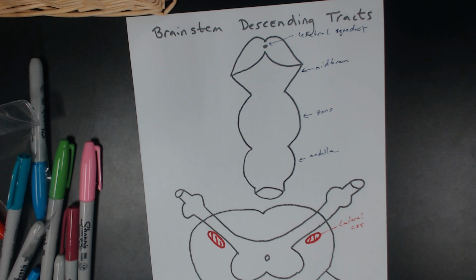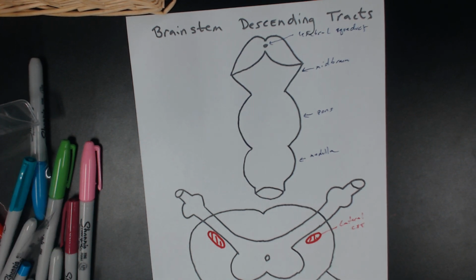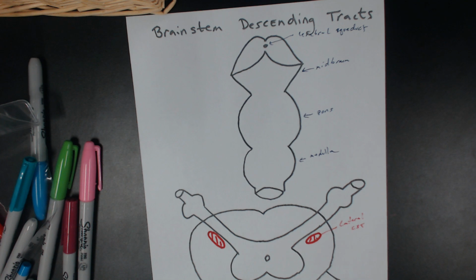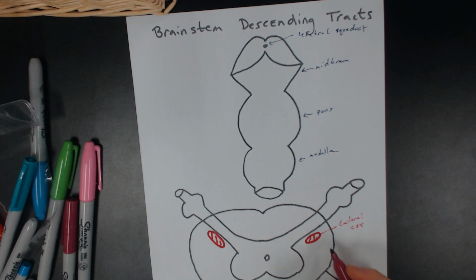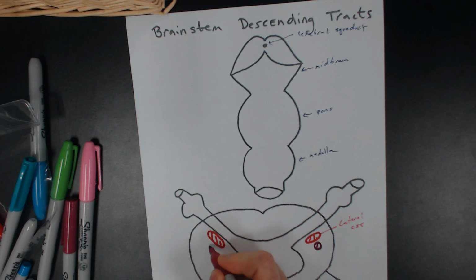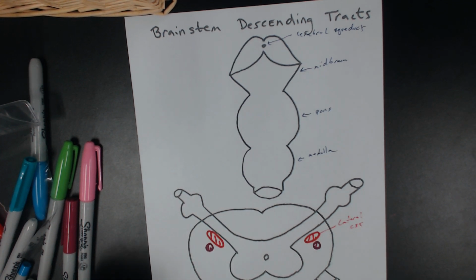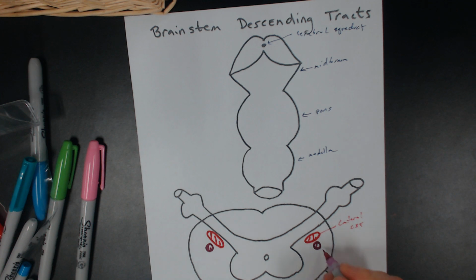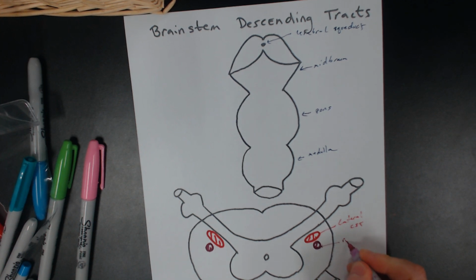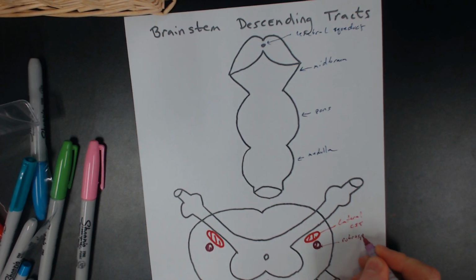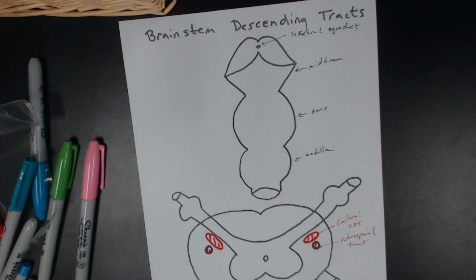Way back when we drew the cross section of the spinal cord, right underneath your lateral corticospinal tract, you have a little tract here. This is your rubrospinal tract. I think I did them in purple before.